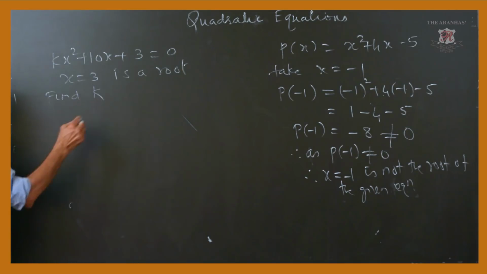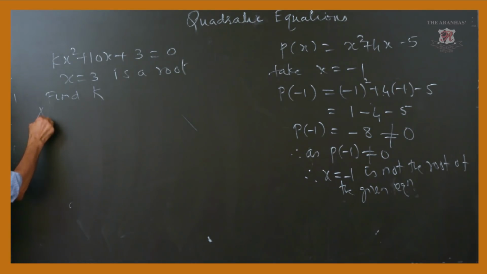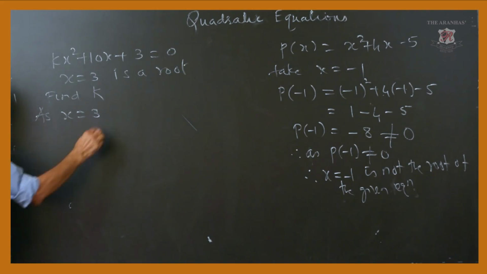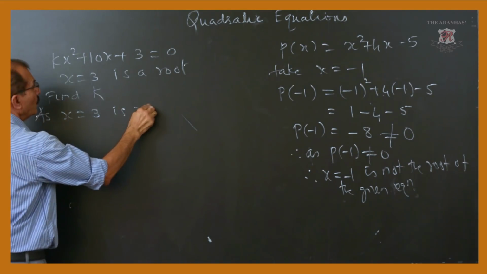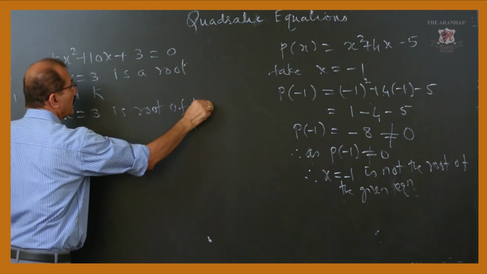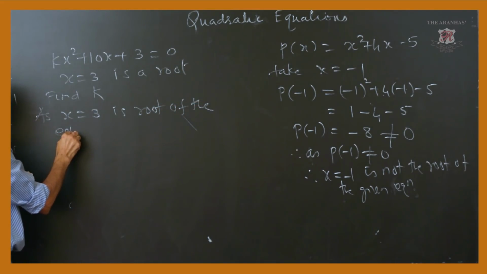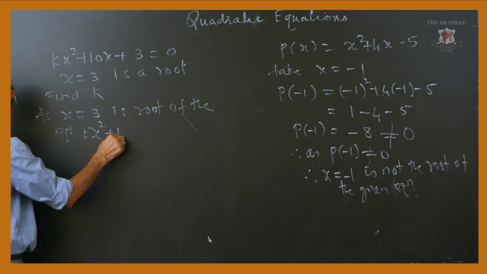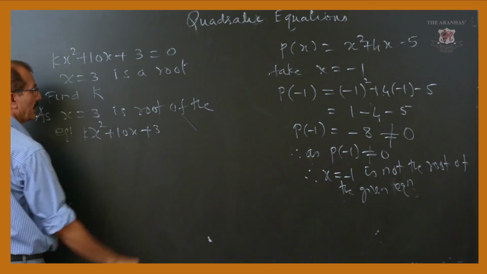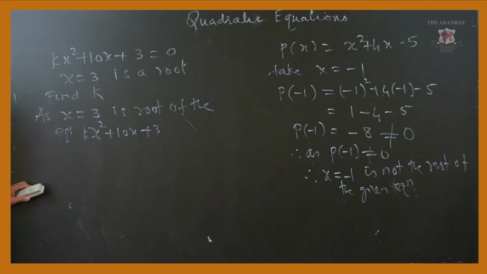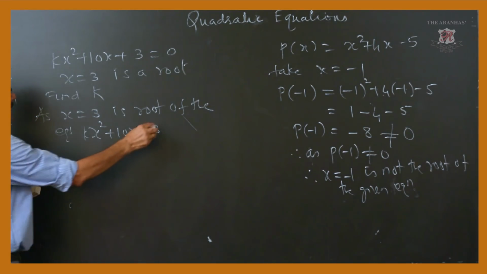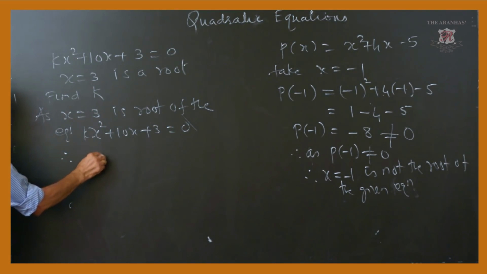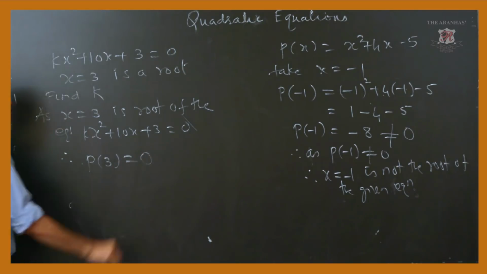See now. As x equals 3 is root of the equation kx square plus 10x plus 3 equals 0. Therefore, p of 3 is equal to 0.